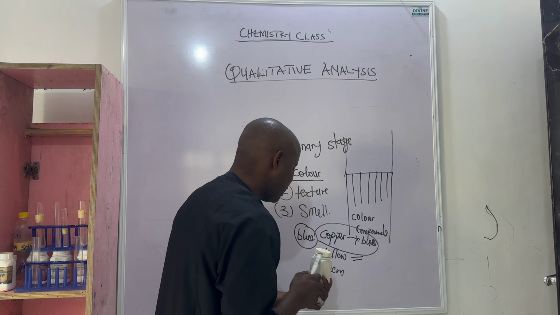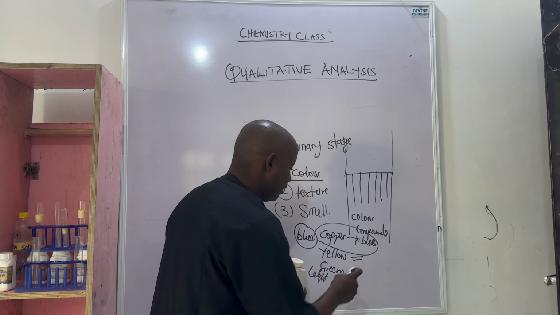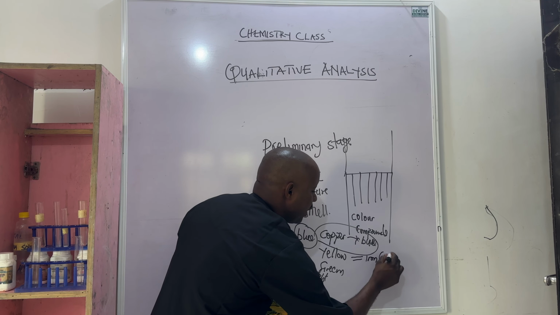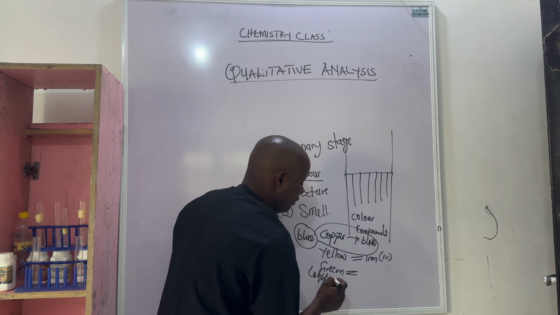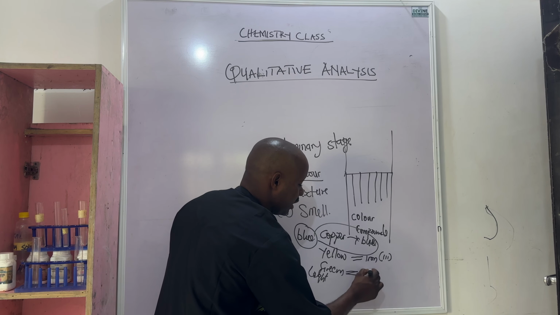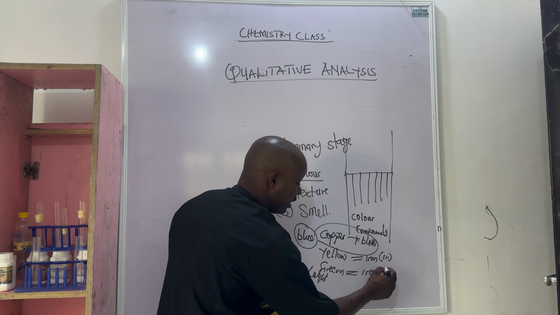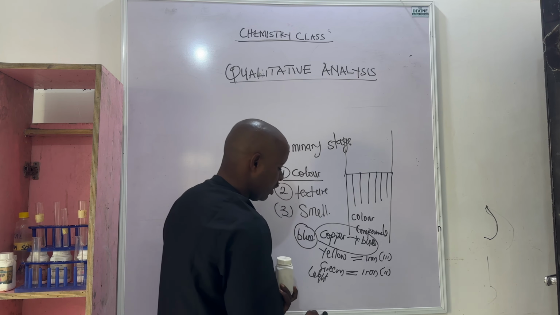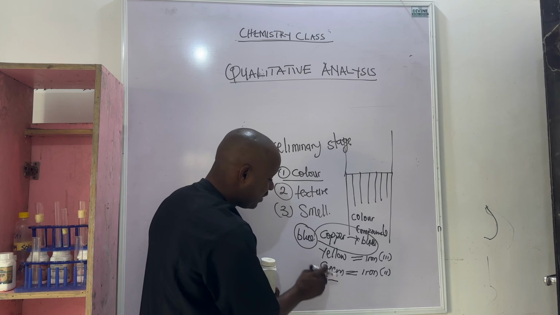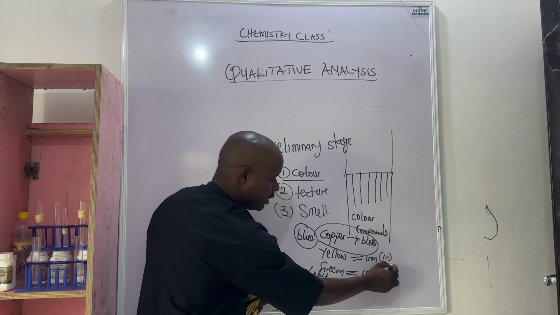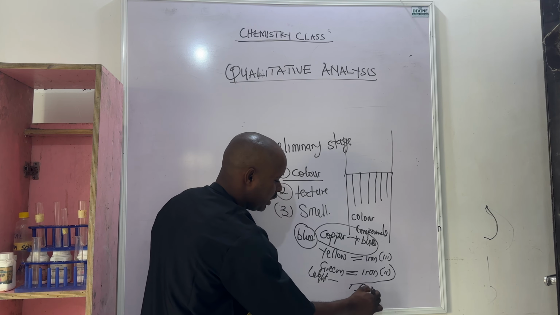Iron can give this kind of color, and this iron can be iron 3. When it gives green, for instance, I can infer that iron 2 is present. When you have light yellow, I can infer that this color is making reference to iron 3 as well.